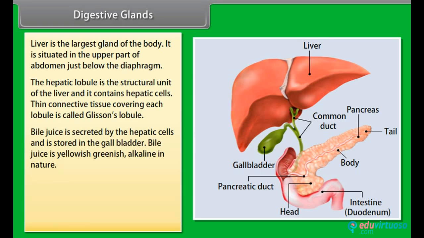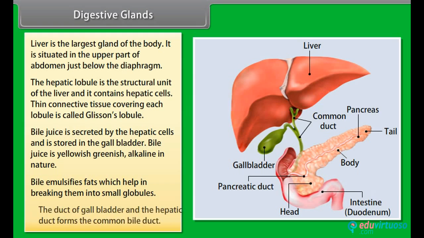Bile juice is secreted by the hepatic cells and is stored in the gallbladder. Bile juice is yellowish-greenish, alkaline in nature. Bile emulsifies fats, which helps in breaking them into small globules. The duct of the gallbladder and the hepatic duct form the common bile duct.